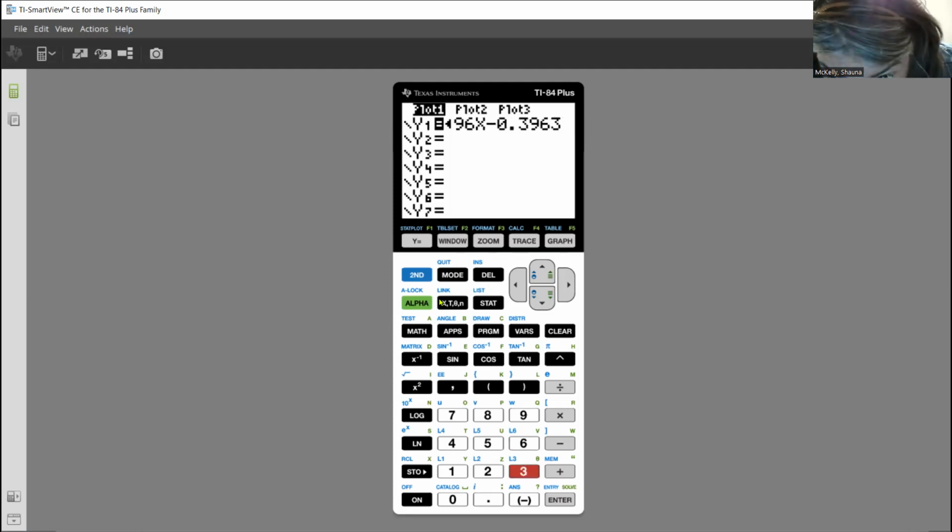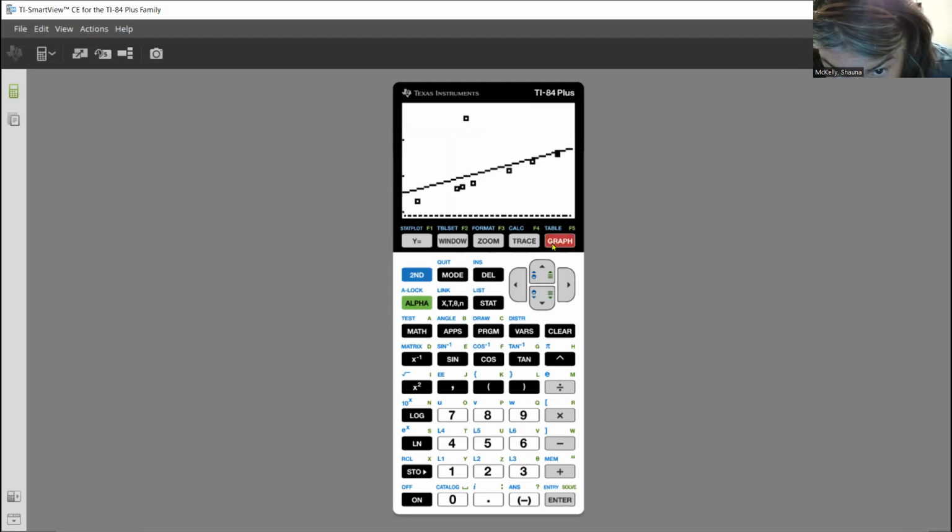Let me make sure that I have my data points correct. I'm going to graph that. And we can see that my line is slightly off, and that's because this point is pulling it up here. This point is pulling my R, okay?